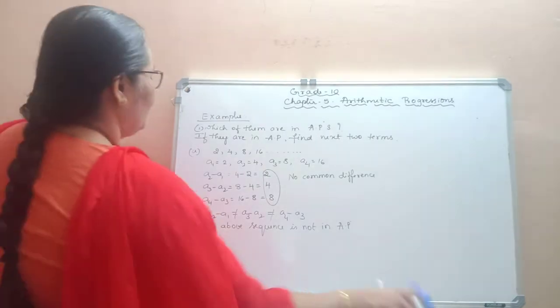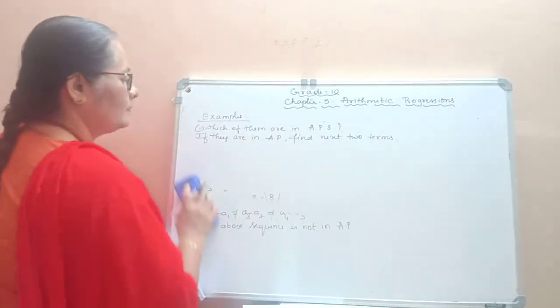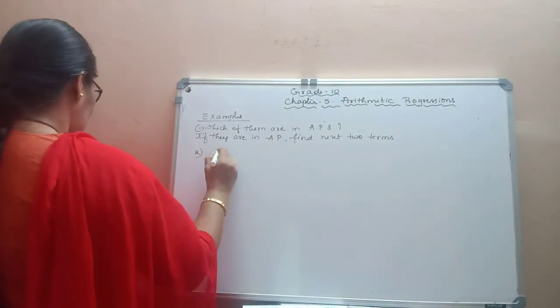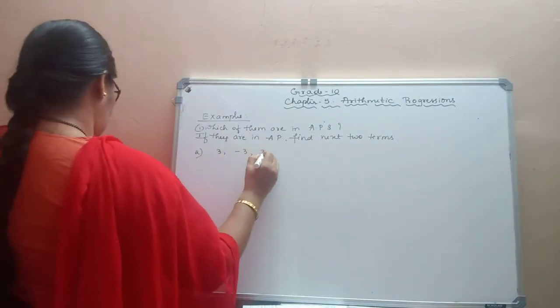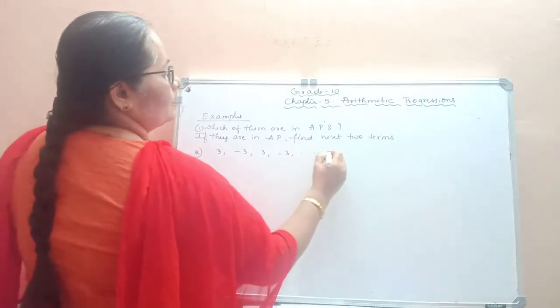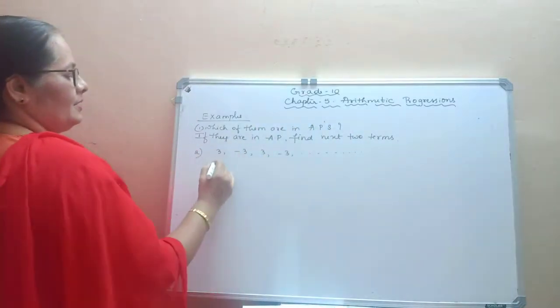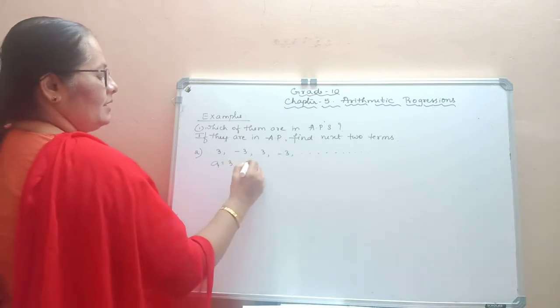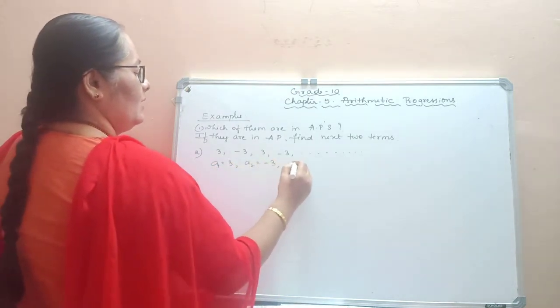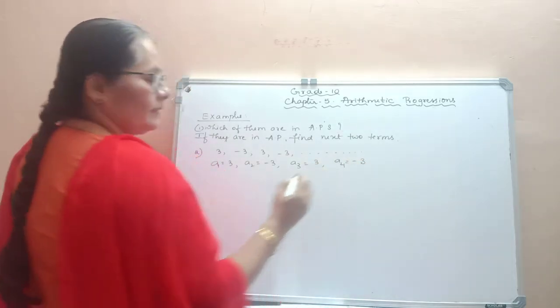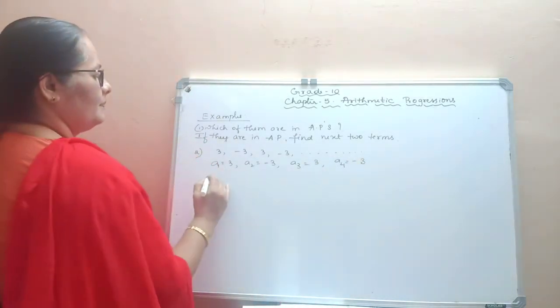Like this, we'll take one more example. Second example: 3, minus 3, 3, minus 3, and so on. Is it in AP? The first term A1 is 3 here, A2 is minus 3, A3 is 3, A4 is minus 3. Find the common difference.